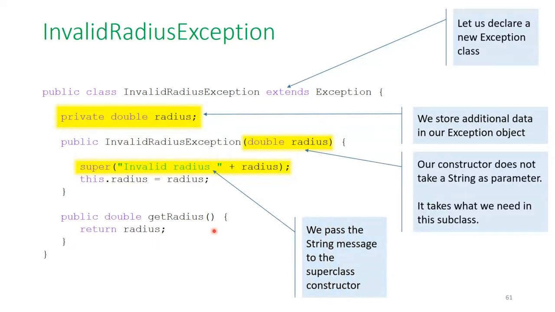My superclass constructor doesn't know anything about radius. All it wanted is an error message, and I did give that to the superclass constructor. No problem there, okay? And then, just so that I may use the value of radius later if I need it, getRadius, an accessor, a getter method for the attribute radius.